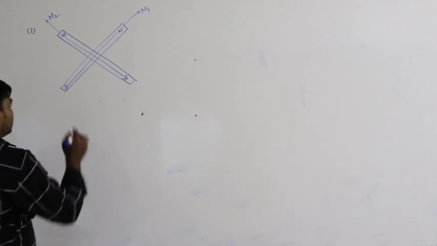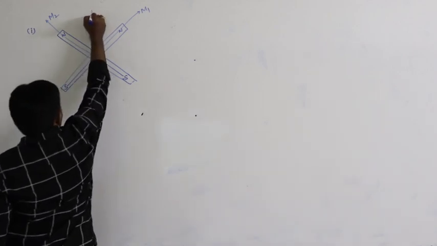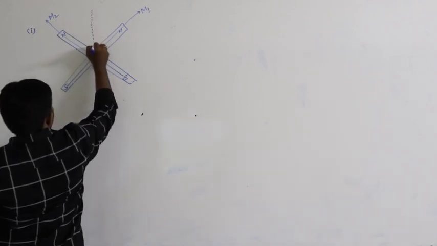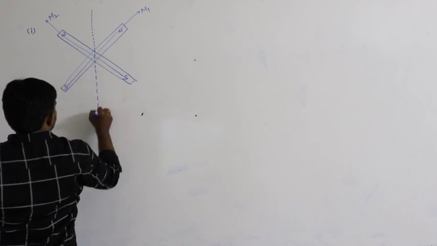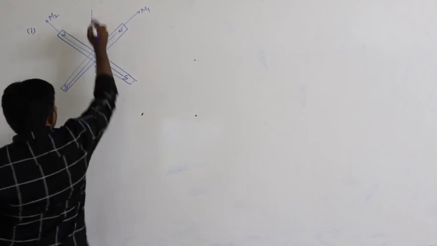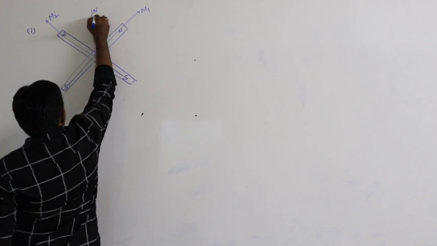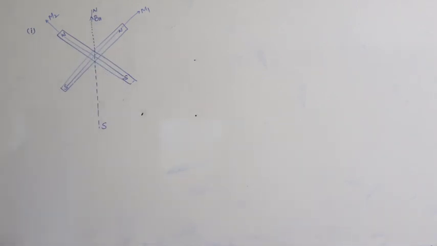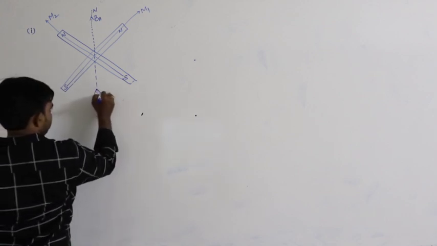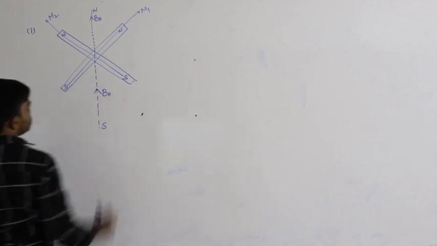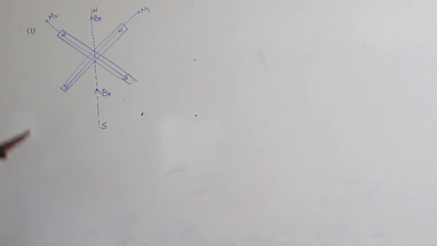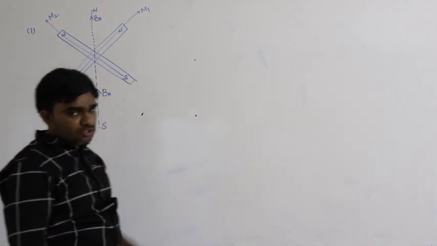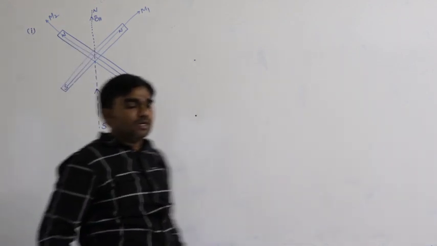What is the direction of Earth's magnetic field? The direction of Earth's magnetic field is always from south to north. So this is the direction of BH, always from south to north.